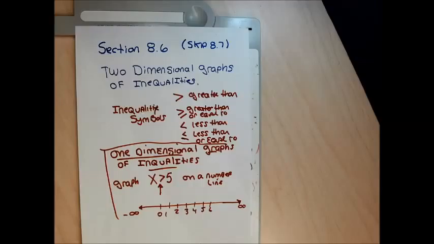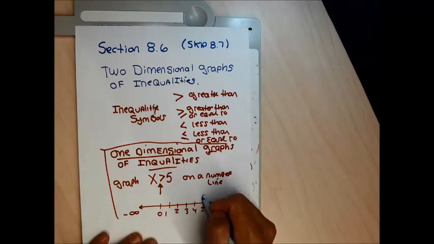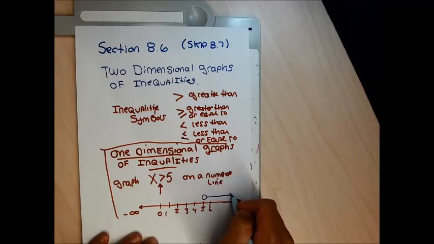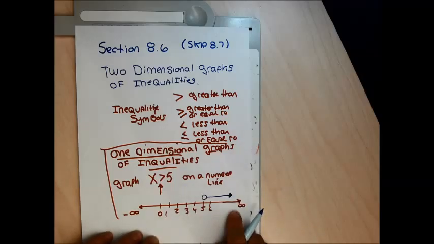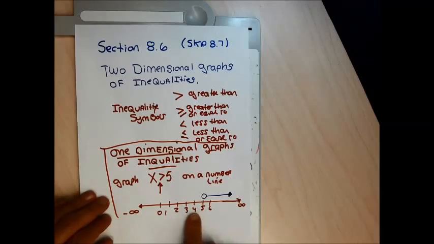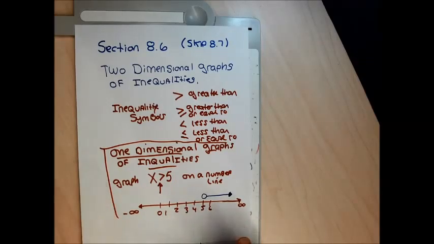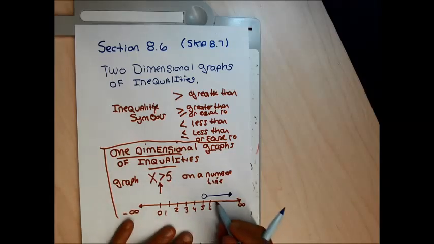And to do a one-dimensional graph of x is greater than 5, depending on how you learned it, you're going to put a round circle above the number 5 or a round parenthesis above the 5 and have an arrow pointing off to the right. And this would signify every number on the number line that has an x coordinate bigger than 5. Any number to the left of 5, like 4, 3, 2, and 1, has x coordinates less than 5. Any number to the right of the open circle has an x coordinate bigger than 5.